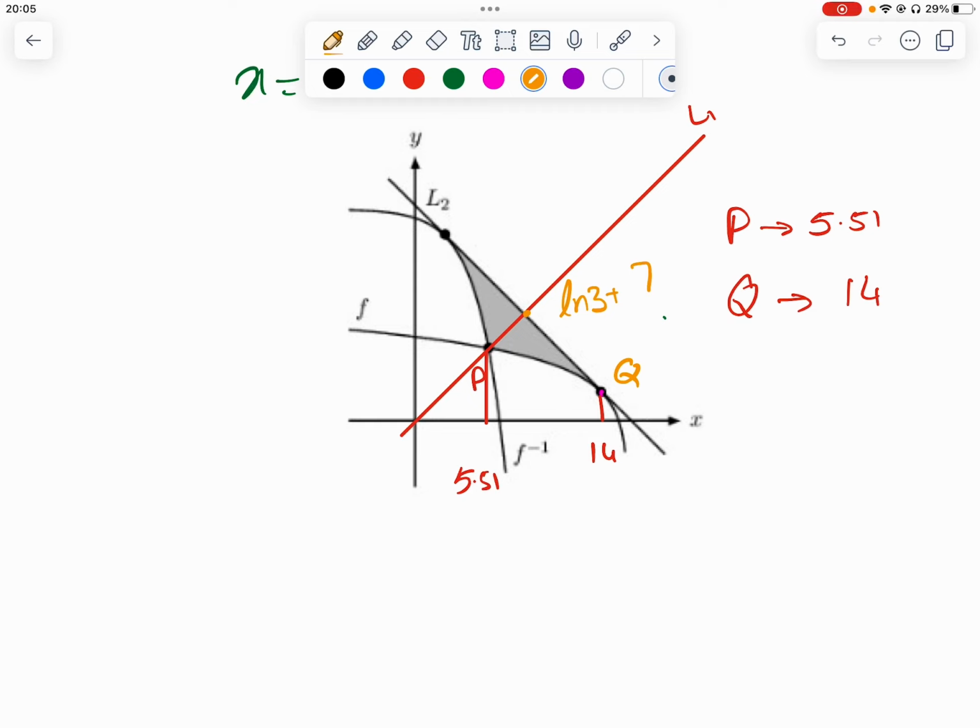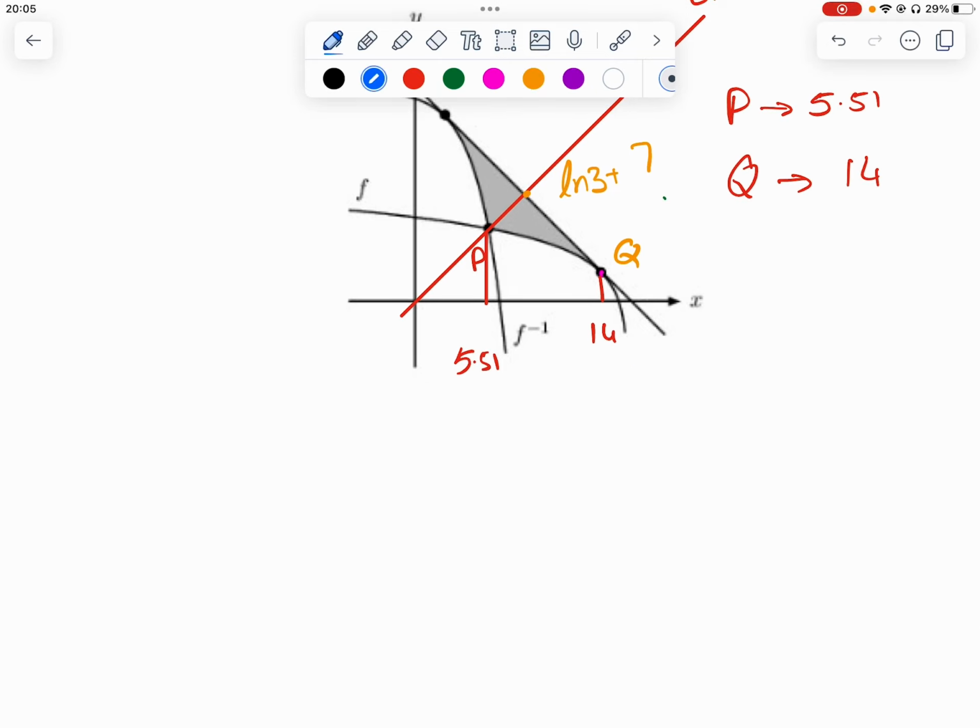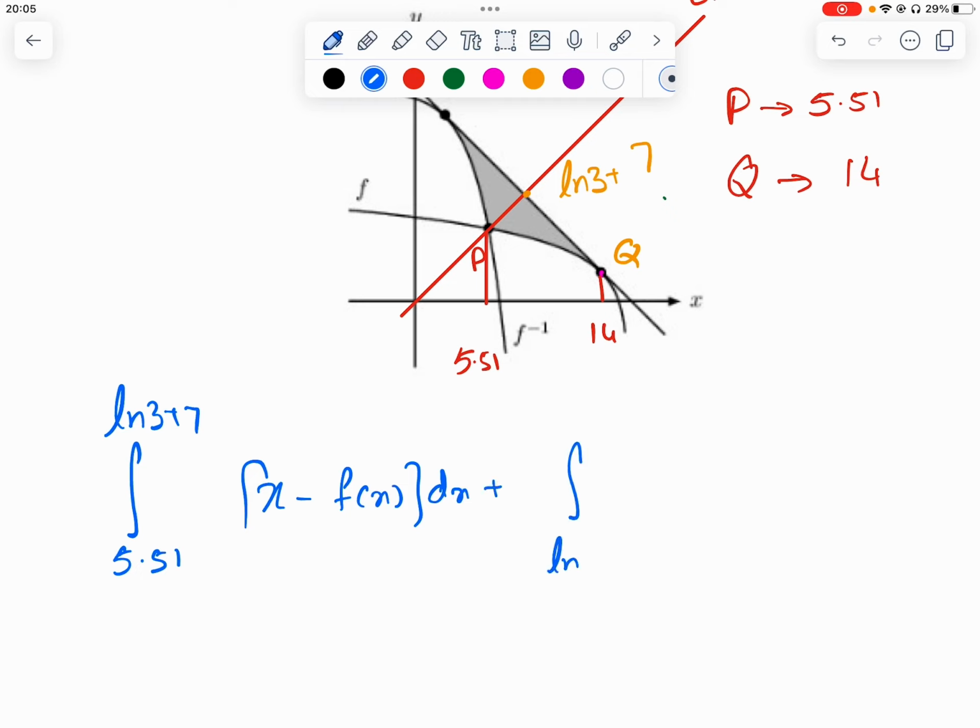Now what am I supposed to do? I am going to find the area. From 5.51 till ln 3 plus 7, it is upper curve minus lower curve: x minus f of x. Then from ln 3 plus 7 till 14, it is the normal, negative x plus 2 ln 3 plus 14, minus f of x, dx.